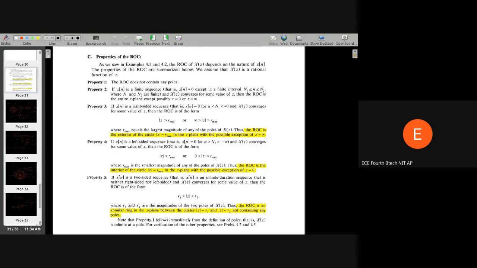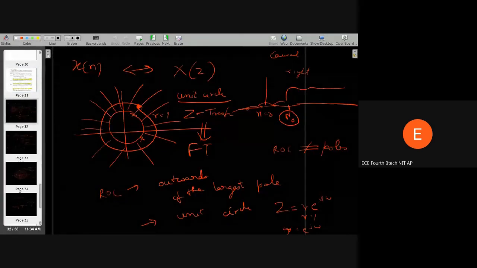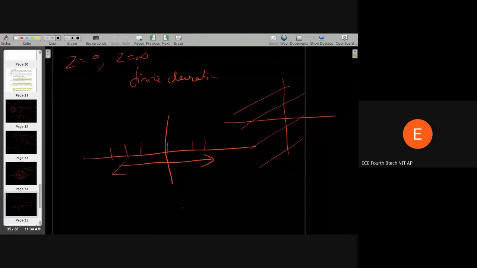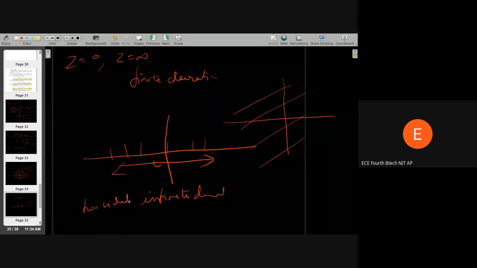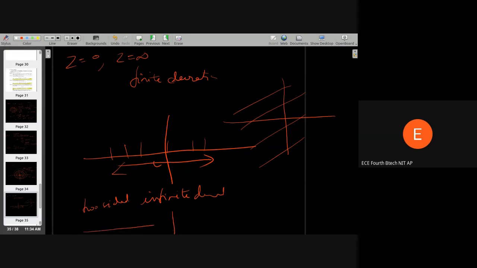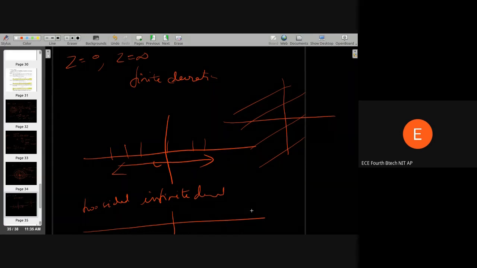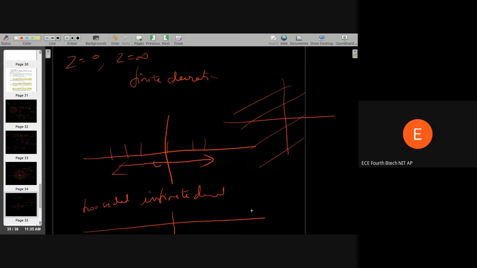Again, there is a case where it is a two-sided signal, or the infinite duration. Now, this is a finite duration, but if it is infinite duration, two-sided infinite duration, I mean, we saw right-sided and left-sided. Those were also infinite, but on one side they did not have any values.